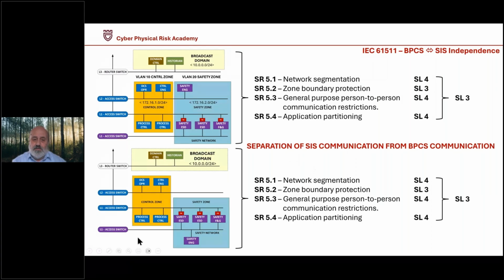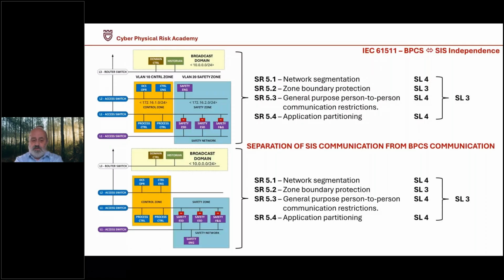This typically always gives problems because you have to maintain the safety engineering station. You want to have antivirus software in there, and you need to do security maintenance on that station, which is more difficult if it's on an isolated network.